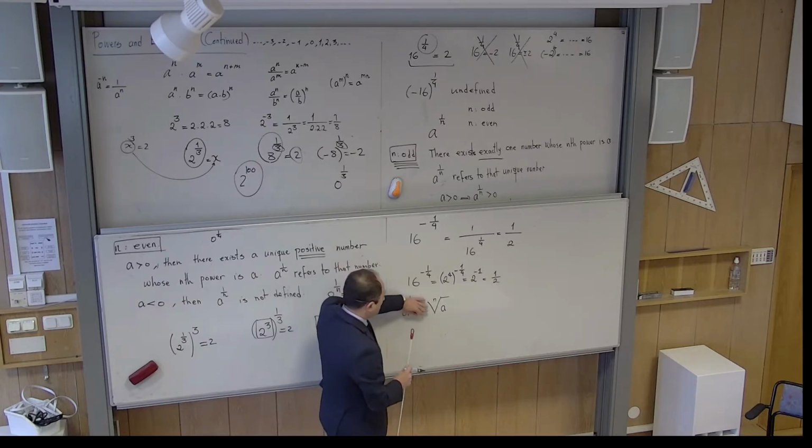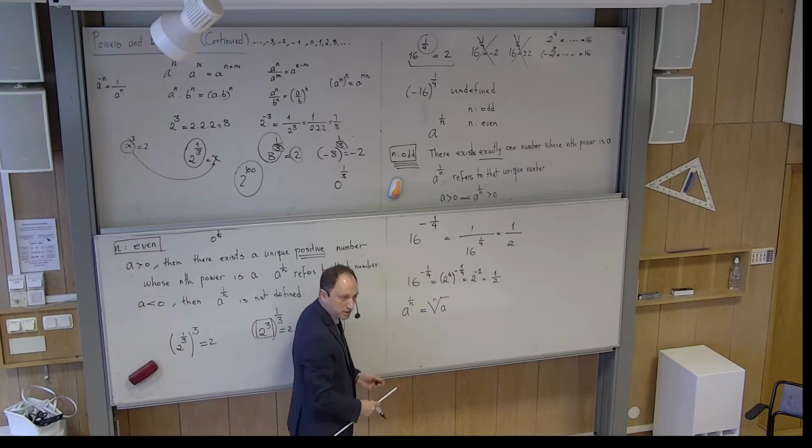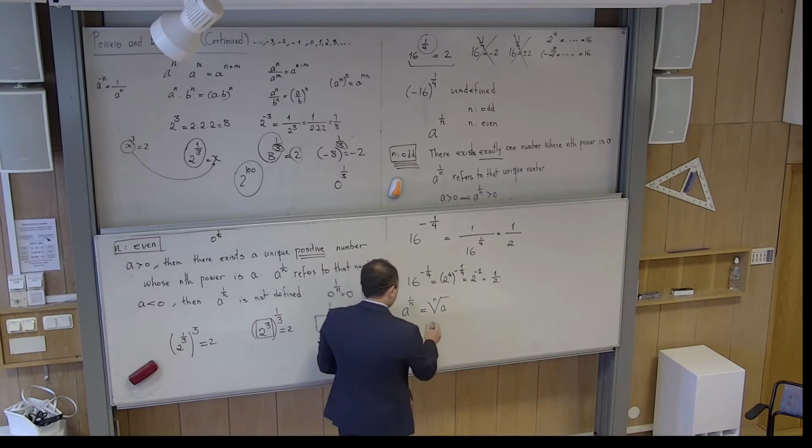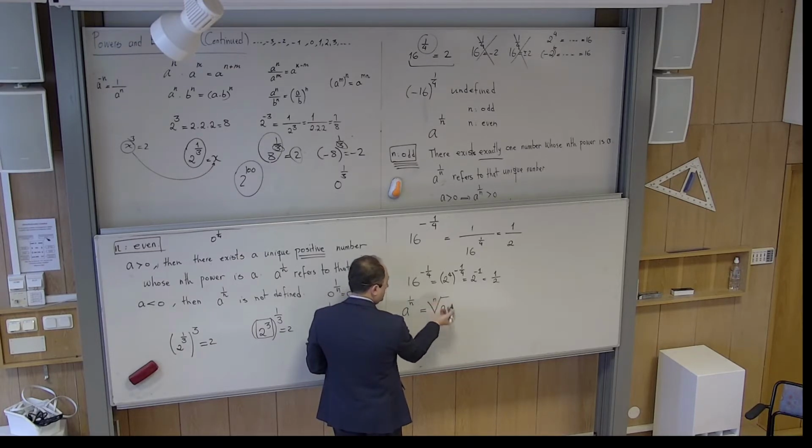So if I ask you what is the meaning of this, it means the number whose nth power is a. If I ask you what is this, the same thing. It's the number whose nth power is this a. Okay. And then there is also a convention, because most of the time we are working with 1 over 2. By convention, if this is 2, people don't write it.